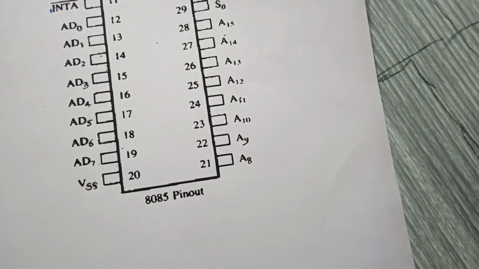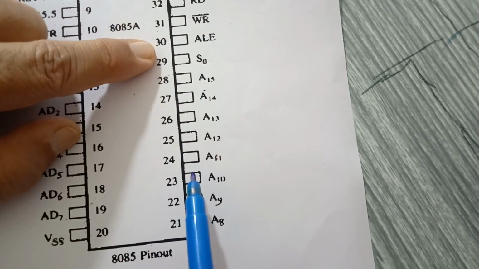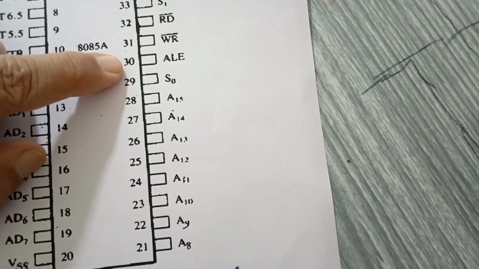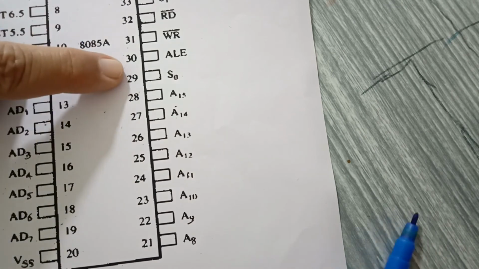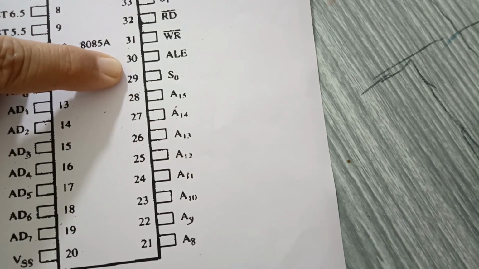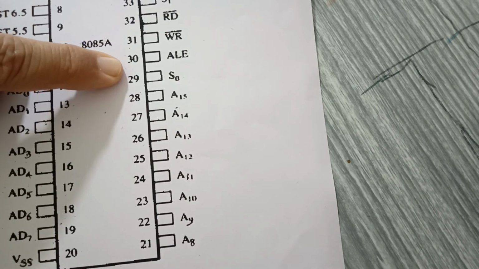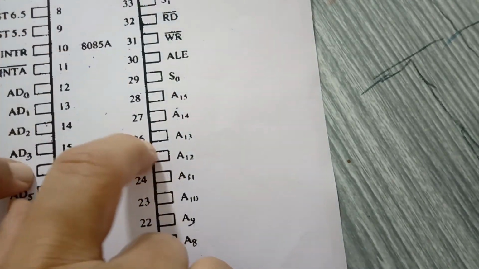Then we have the ALE pin. Look here, pin number 30, address latch enable. When the microprocessor gives out an address, it has to be latched to be used by the RAM memory. So this ALE signal goes high when the address is sent.